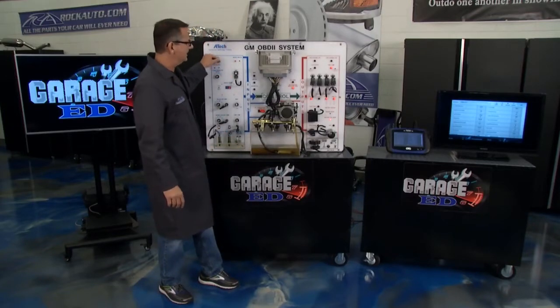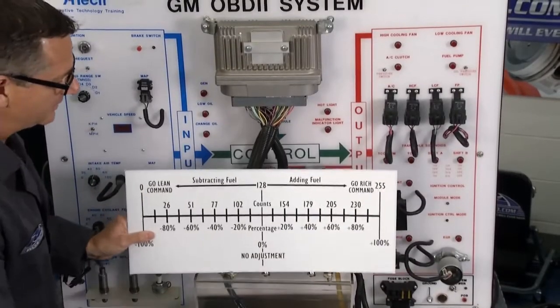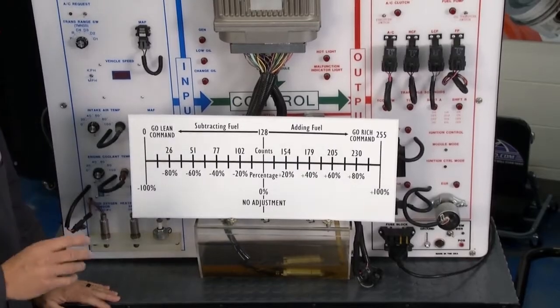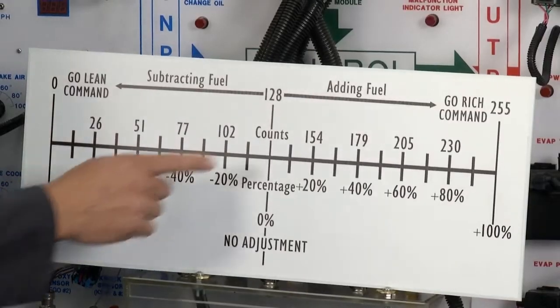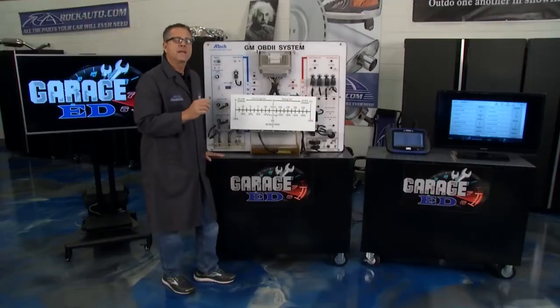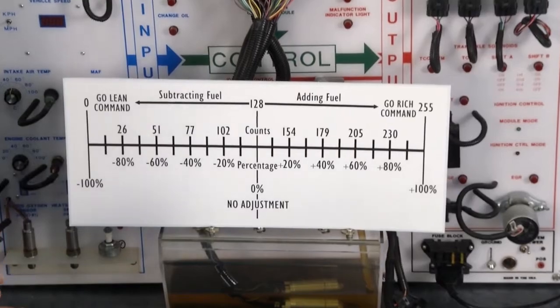Now, what do we do to get that? Well, it's time to pull out the magic chart. It's all about the fuel trim. This is pretty cool because I told you at the beginning, we're trying to get that perfect number. Now the computer has a go-rich command on this side. When he's going rich, the command corrects the condition. So if he's going rich, that means the car is actually lean.